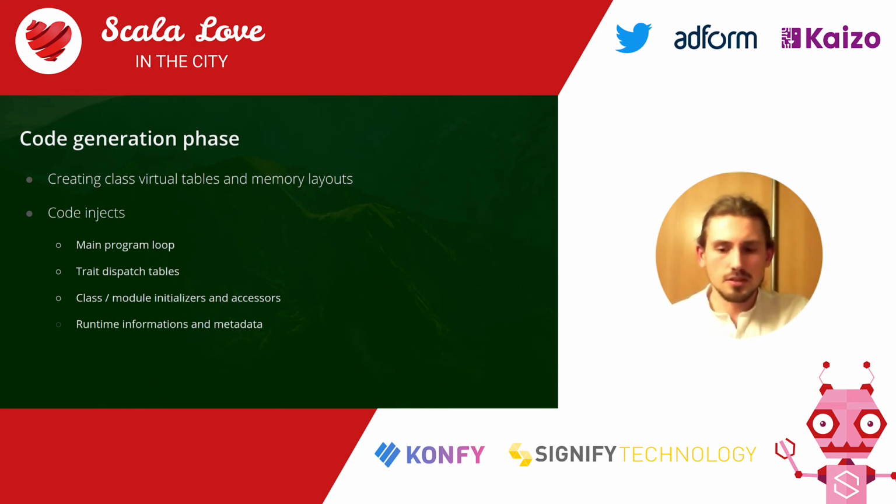However, this part is a bit faster because it all happens from the memory-loaded definitions. Based on that, we can finally create some concrete memory layouts of the types defined, as well as virtual tables used for dynamic method dispatches.